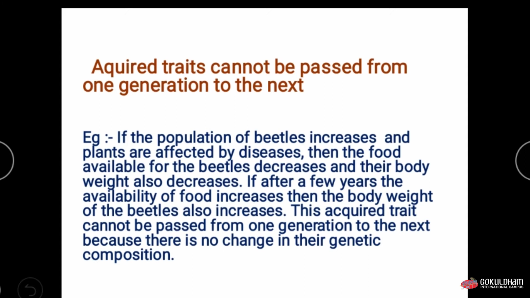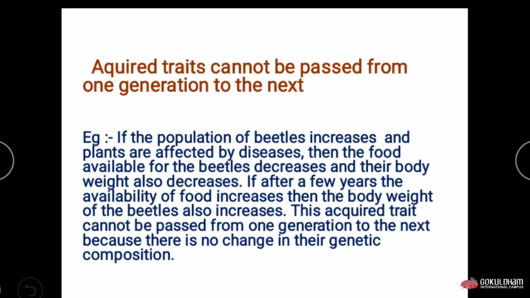For example, due to reproduction, the beetles increase in number, but at the same time the beetles living on the plant have some diseases.